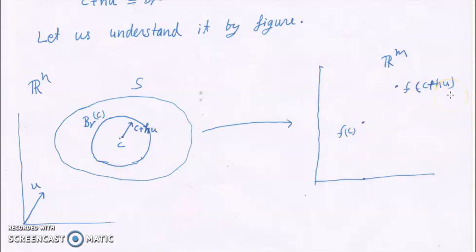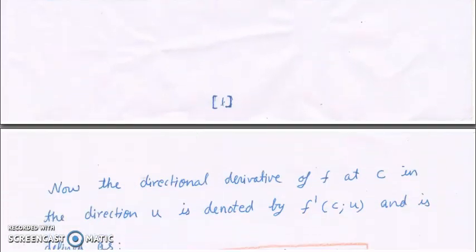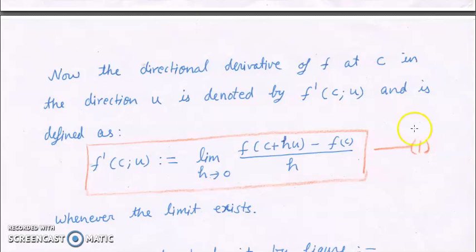Now we want to define the directional derivative. The directional derivative of f at C in the direction of u is denoted as f'(C, u), and it is defined to be the limit as h goes towards 0 of [f(C plus hu) minus f(C)] upon h.